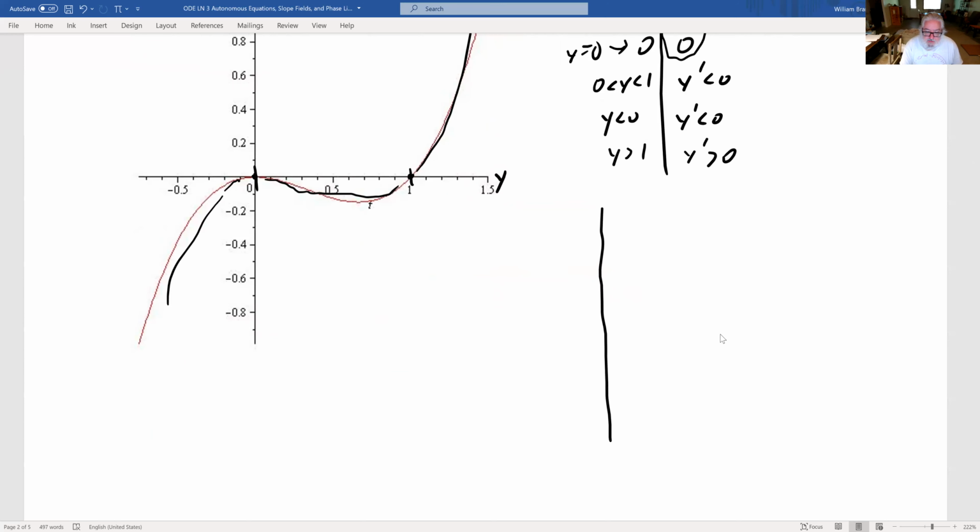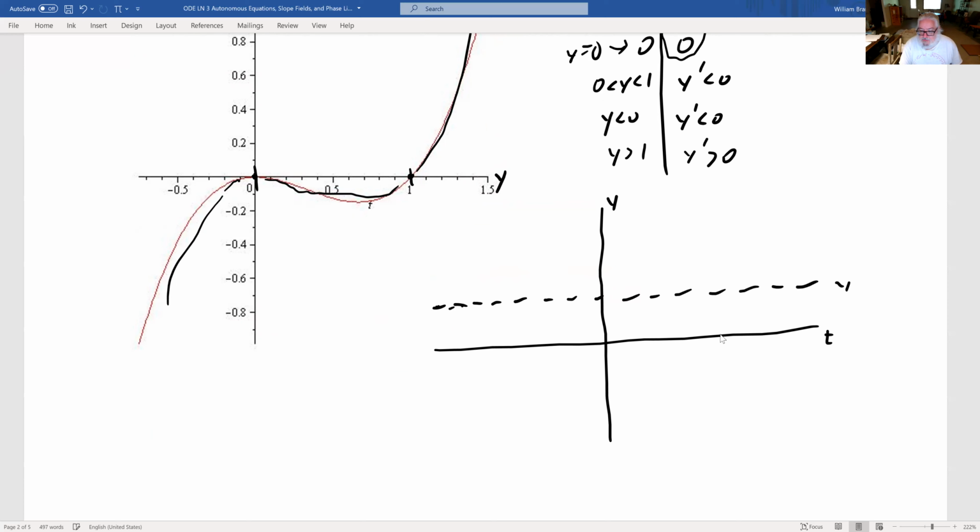Well, if we put in t and y and draw the slope field, the line y equals 1 is just horizontal slopes, as is the line y equals 0. I wish I could actually do that accurately. There we go. So what's the solution curve that starts on the line y equals 1?